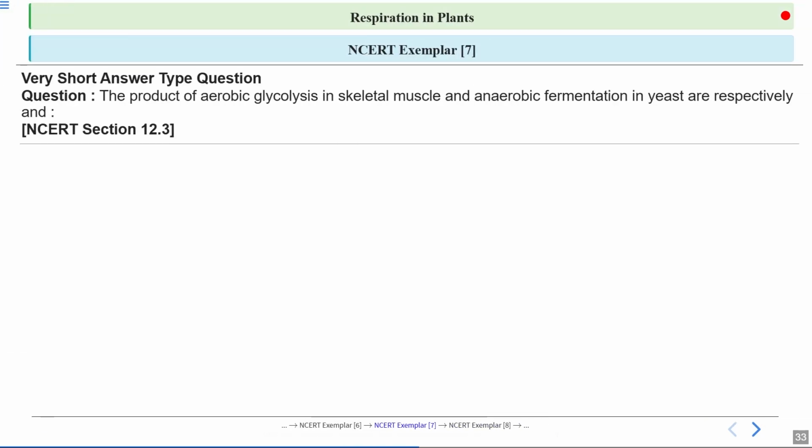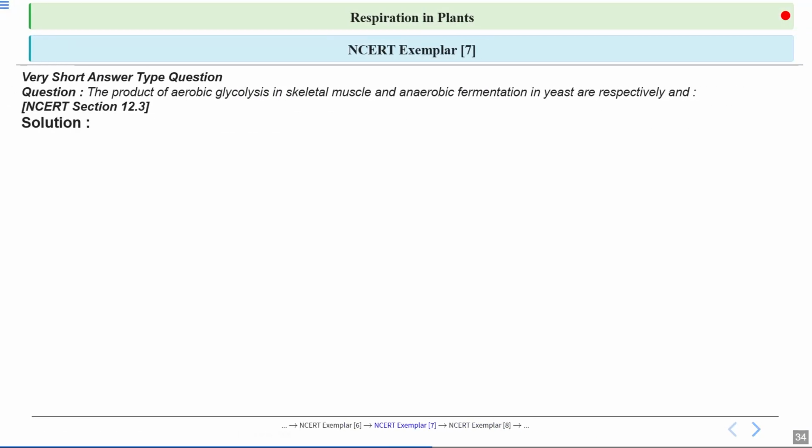So let's look at the next question. The products of aerobic glycolysis in skeletal muscle and anaerobic fermentation in yeast are, respectively, and. So we have to talk about the products of aerobic glycolysis in skeletal muscle and then anaerobic fermentation in yeast. Let's look at the solution.